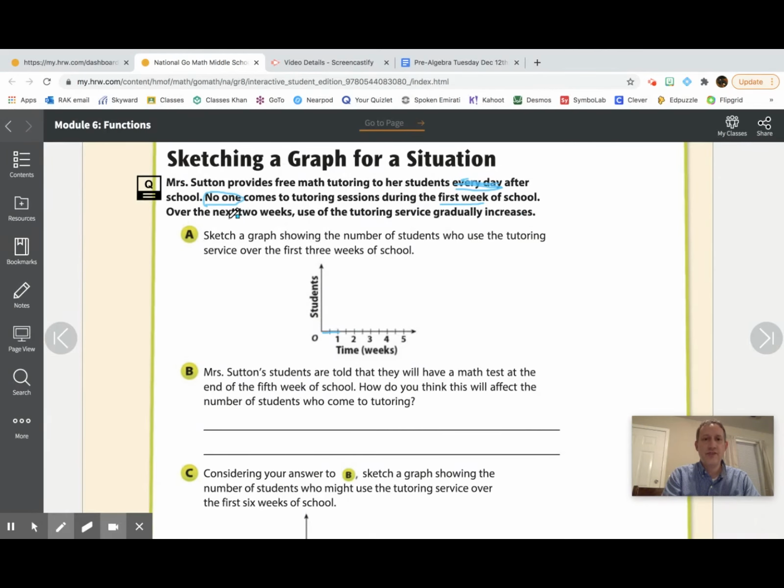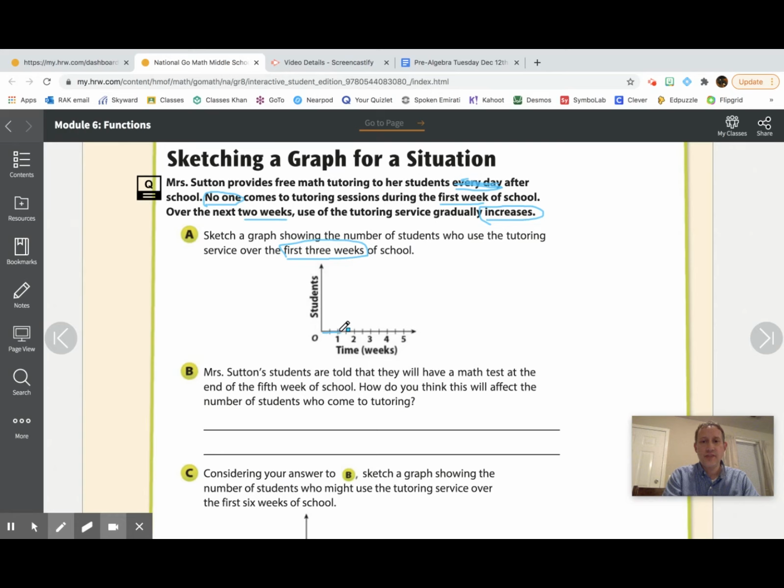Over the next 2 weeks, so 2 weeks, the tutoring increases. There's that key word, increases. Okay, so here we're going to sketch a graph for the number of students who are using the tutoring service over the first 3 weeks of school. So the first week, it's nothing. Then it gradually increases.